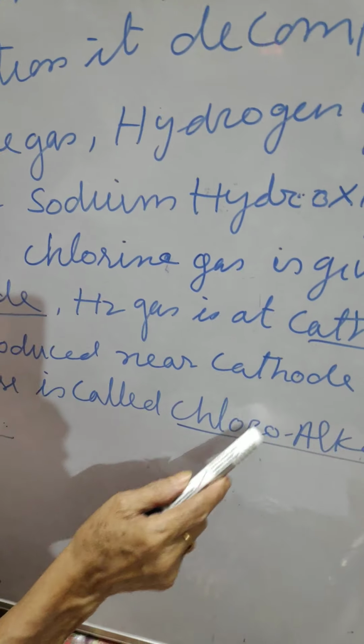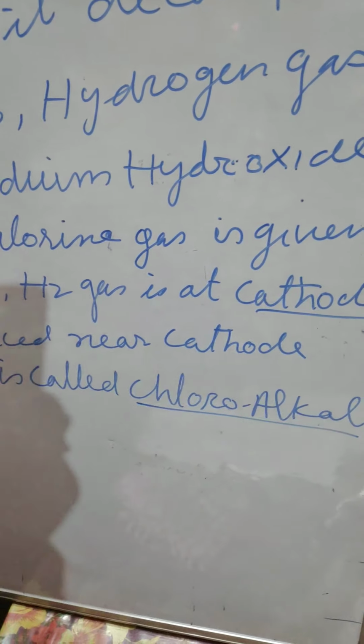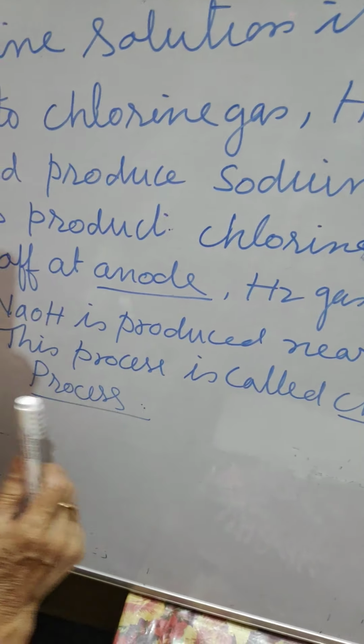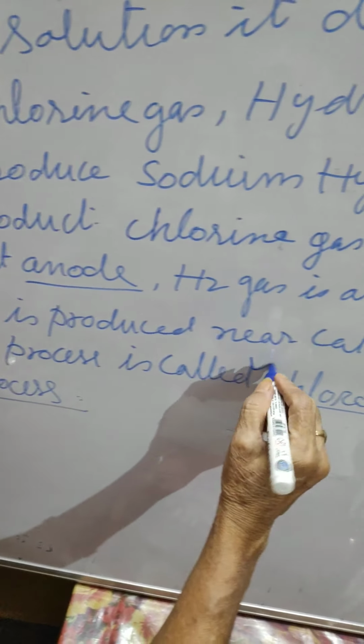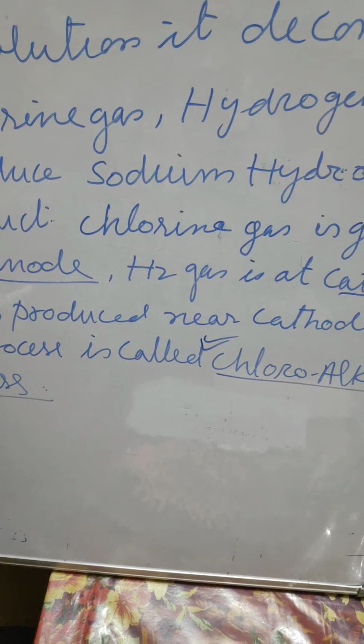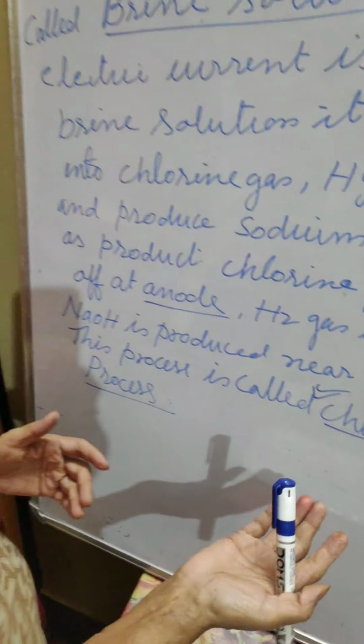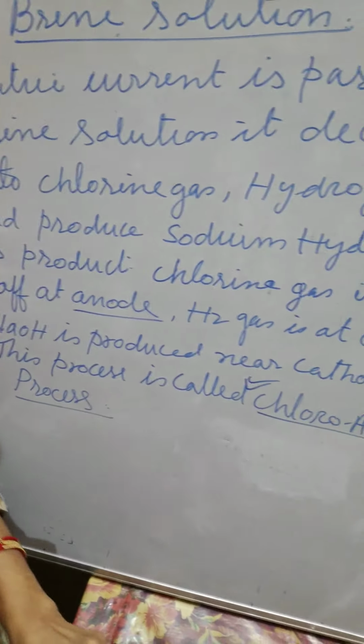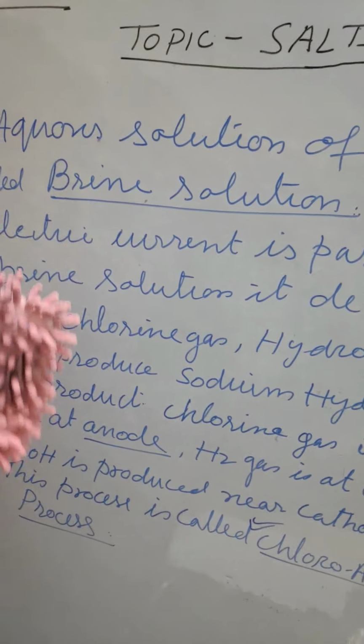Now the chloro stands for chlorine and the alkali stands for sodium hydroxide, and that is why it is known as the chloro-alkali process, and it is very, very important. If the question in the board examination asks what is the chloro-alkali process, at that time you have to explain it.